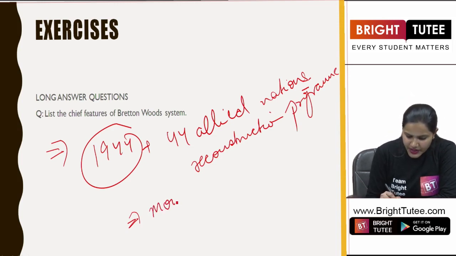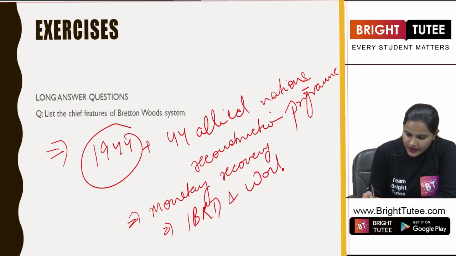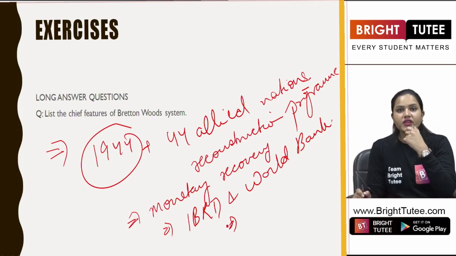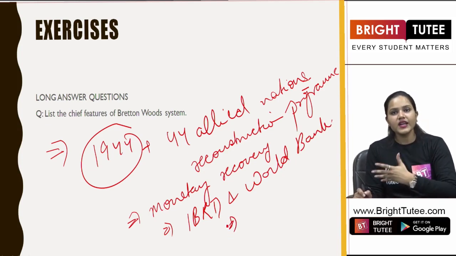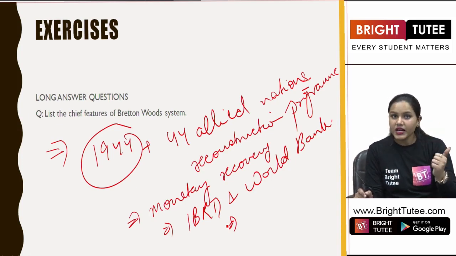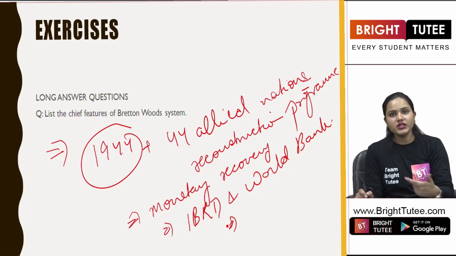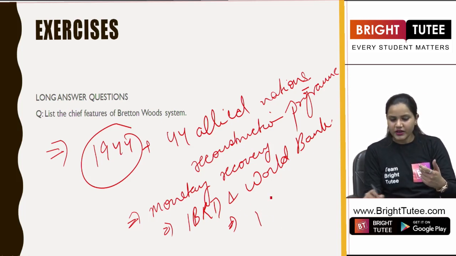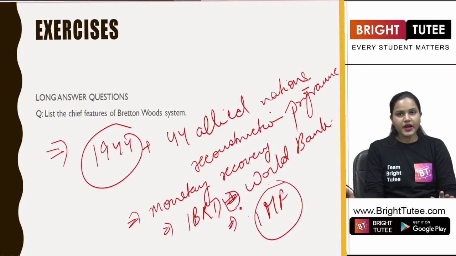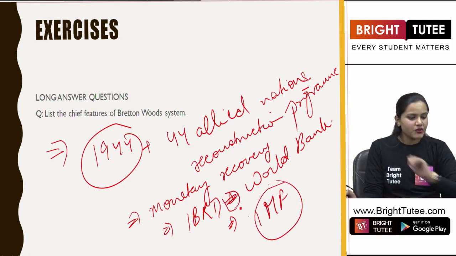So it was monetary recovery in international terms, and the 2 institutions IBRD and IMF were formed for speedy economic recovery after the Second World War, right? So you have to mention these points here. Talk about IBRD, the World Bank, what was the main function. Then talk about IMF. So these are some of the points that you will mention here.